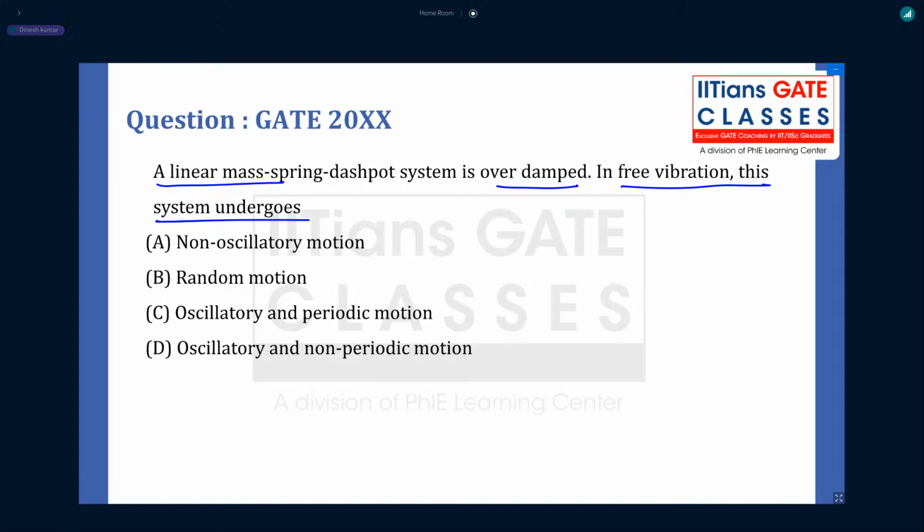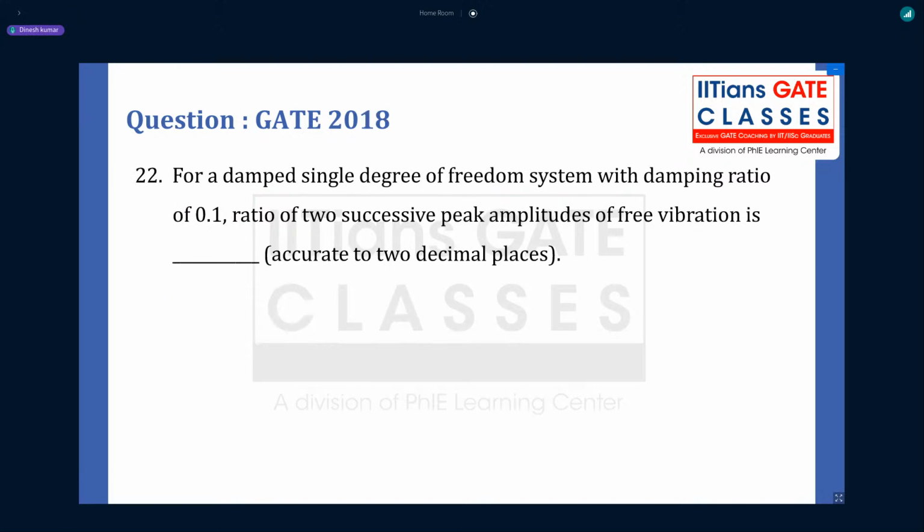Anyone? What kind of motion is overdamped, guys? It's a non-oscillatory motion, right? Overdamped and critically damped are non-oscillatory motion. Okay, so A is the answer. Now read the next question, guys.